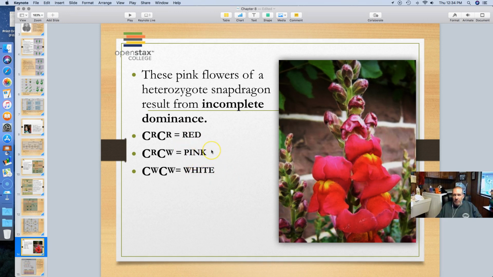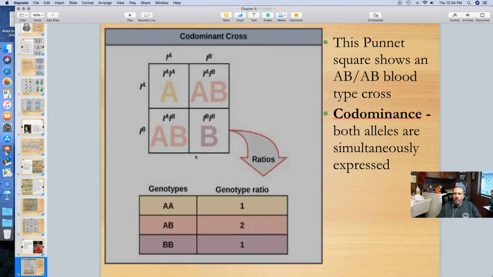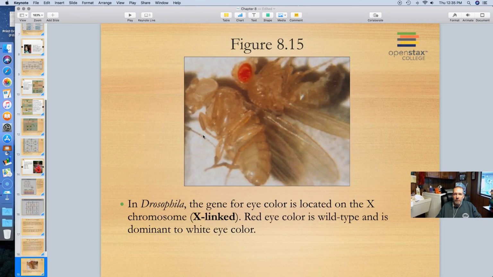It's actually something in between those two. It literally is kind of like mixing red and white and getting pink. Whereas in codominance, it's like mixing A and B and getting A and B, not something that's in between. So that's the difference between incomplete dominance and codominance.